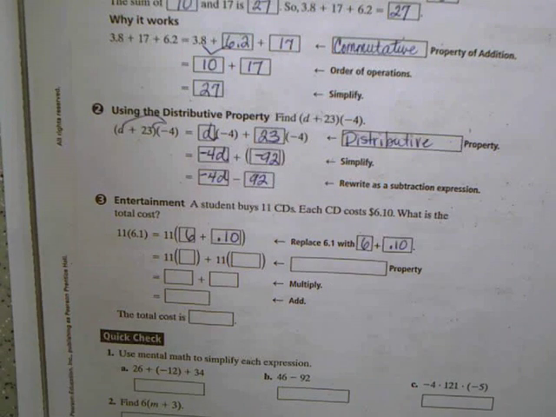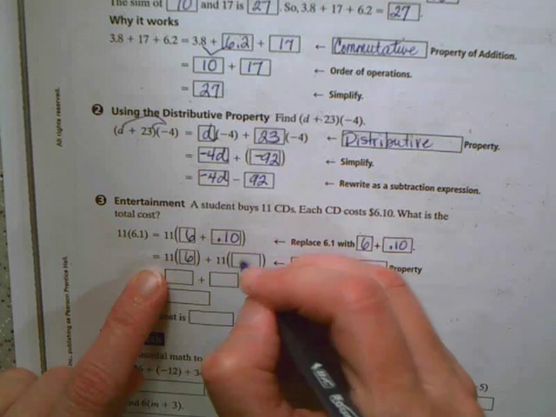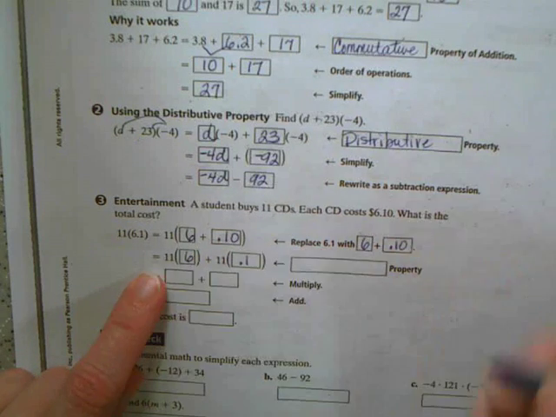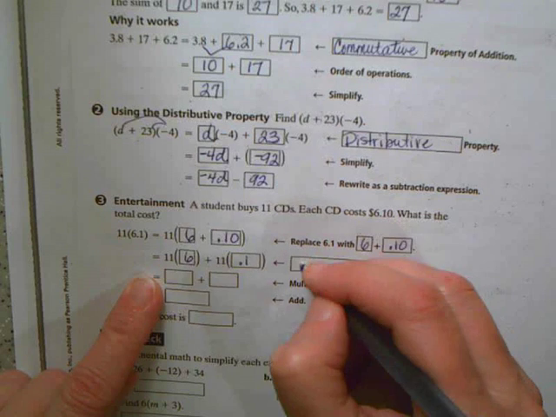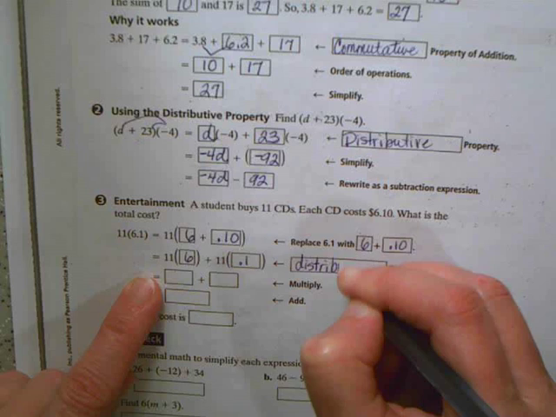But if you think of it as money, it's $6.10. So 11 times 6 and 11 times 1/10. And that was applying, again, the distributive property.